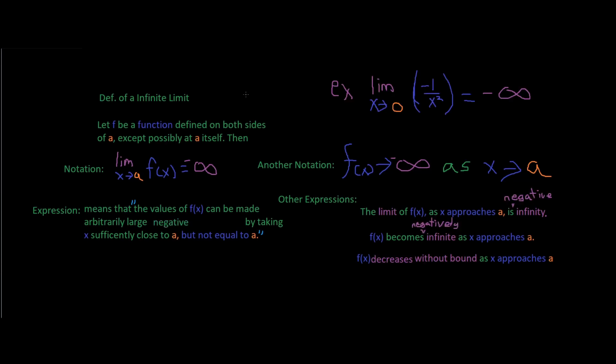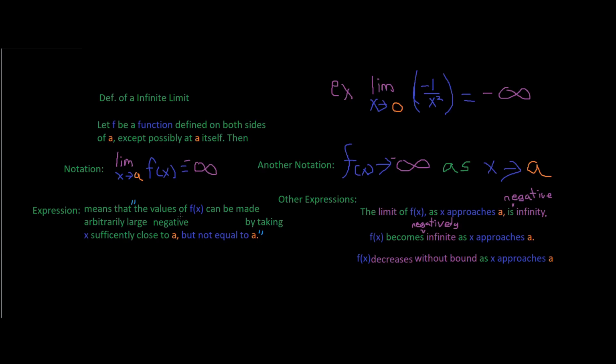Alright, so right here, now we have our definition of an infinite limit, but for negative infinity. And so it says, let f be a function defined on both sides of a, except possibly at a itself. Then, like the other definition, except now we're going to have negative. And so let's read this expression over here.